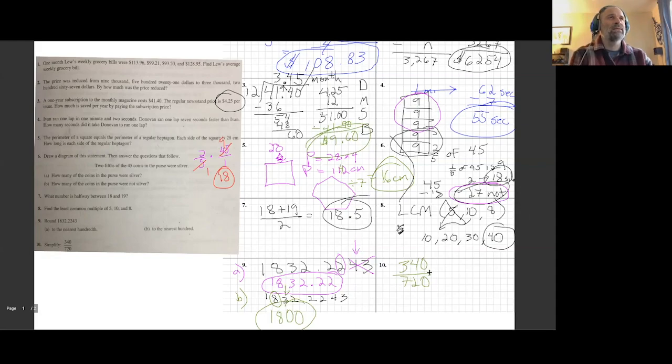Dividing by what? Yeah, Adeline? Divide by 10. Yeah, 10. So when you divide by 10 and they end in zeros, just take off the zeros. That's nice, right? Okay, and then it looks like they're both even numbers, so let's divide by 2. So what's 34 divided by 2? 17. 72 divided by 2 is 36. Boom, you're done.